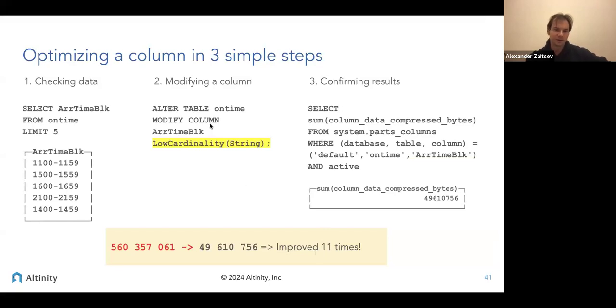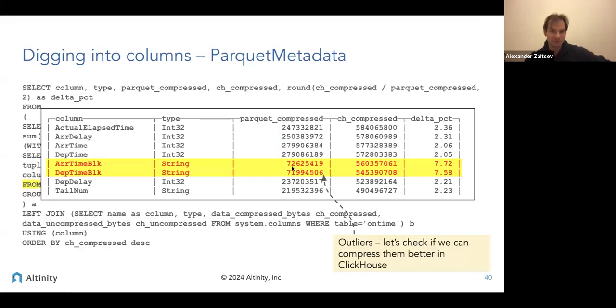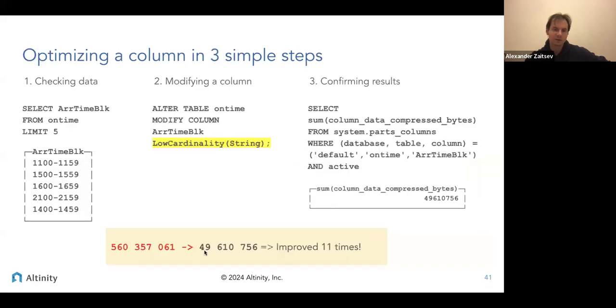So with this very simple alter table, for this particular column, ClickHouse started to take 11 times less disk space, and in this case, it is even better than Parquet, because in Parquet it was 72 megabytes compressed. In ClickHouse we now have 49, so we are better.